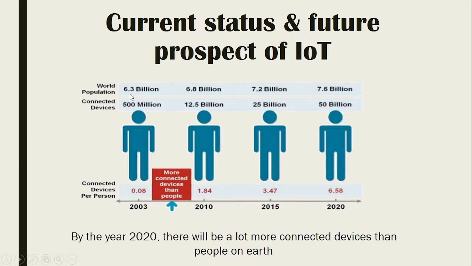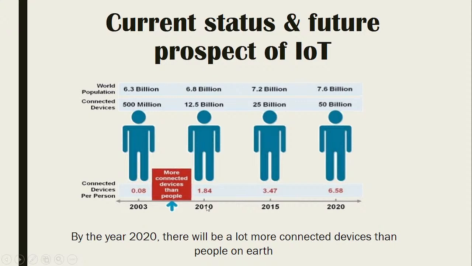Here you can see in 2003 the world population is 6.3 billion, and at the same time the number of devices connected to the internet was 500 million. So it was much less than the world population.